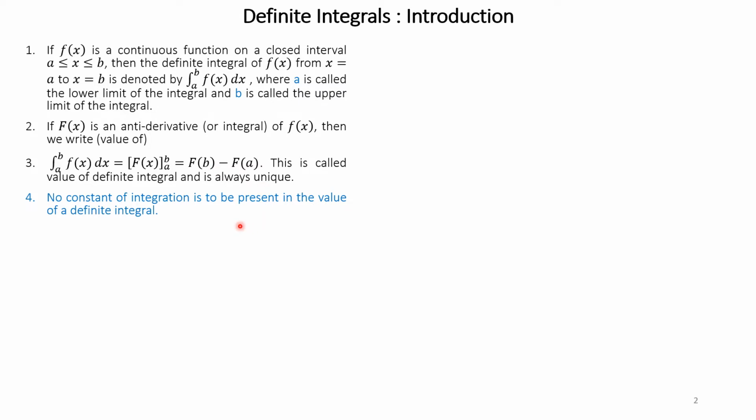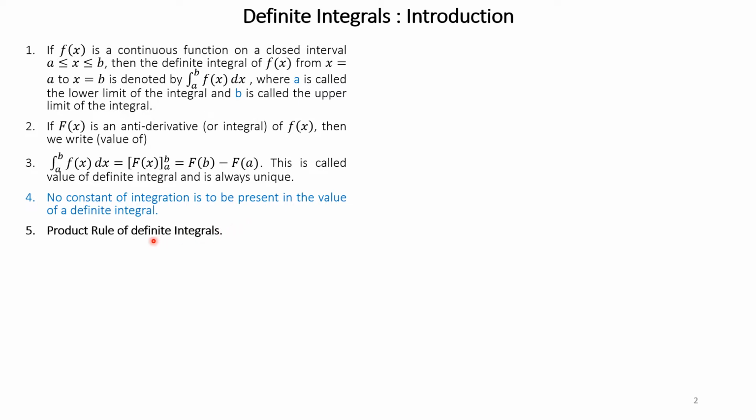Hence, this is a very important difference between definite and indefinite integrals. In the previous slides, from section 7a to 7d, there was always a constant of integration, whereas in definite integrals, there is no constant of integration.